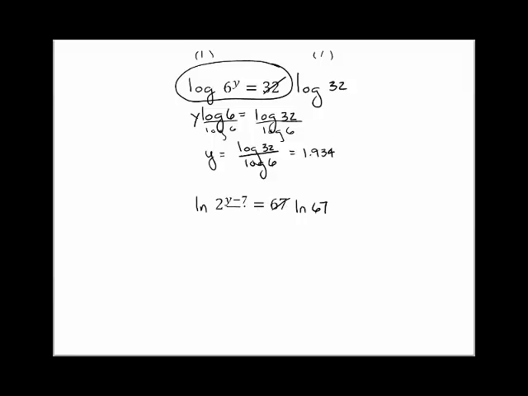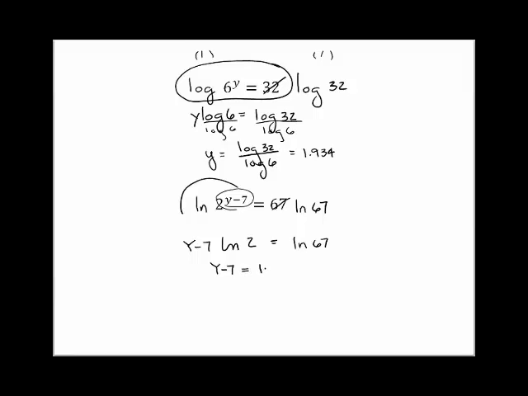Now, we're going to take this exponent and bring it around in front. So y minus 7 times ln of 2 equals the ln of 67. All right, somehow we've got to get that y to stand alone, so let's do it very simply in steps.